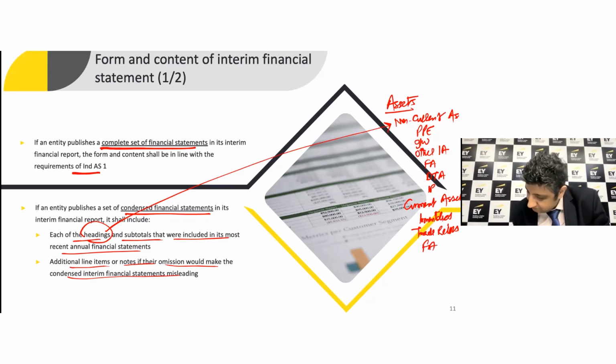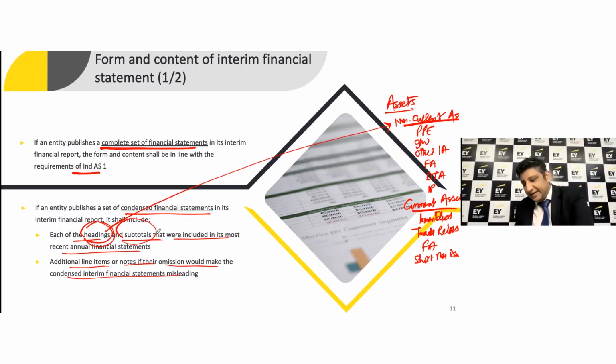There could be short-term advances, just in case they don't meet the criteria of financial assets. So all these things would be reported on the face of the balance sheet there, right? That is the reference of the headings and subtotals there, right?